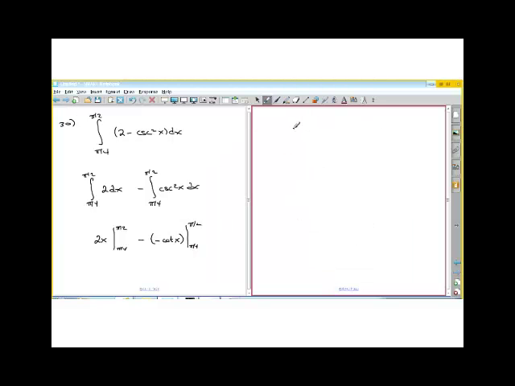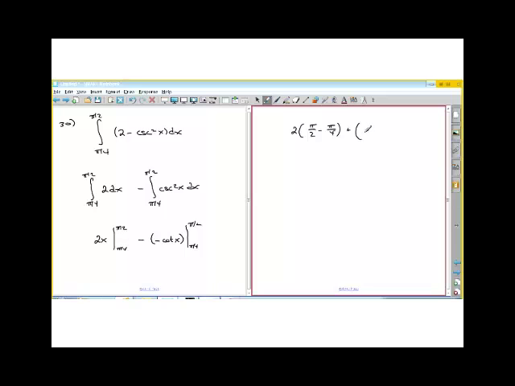So the first one's easy. It's just 2 times the upper limit, x, minus the lower limit. Okay, next one we've got the cotangent, but remember, cotangent is 1 over the tangent. So that's what we're going to do. We're going to do the tangent, so let me just erase that.